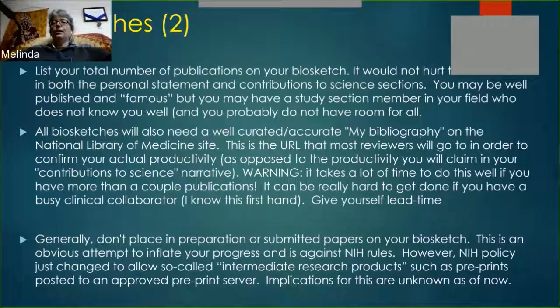And these are preprints that are posted to preprint servers. So what this means is that if you have a draft paper or a submitted paper, you could upload it to one of the preprint servers, like bioRxiv and things like that. And you can list those on your biosketches as intermediate research products.